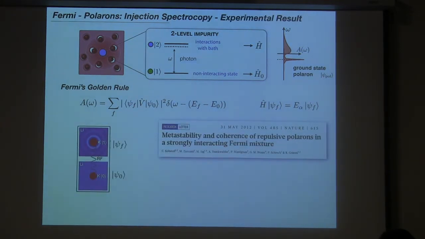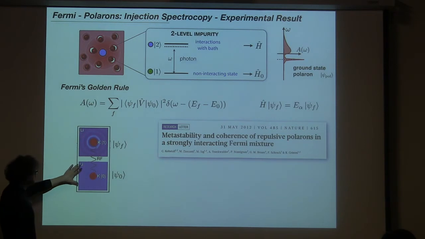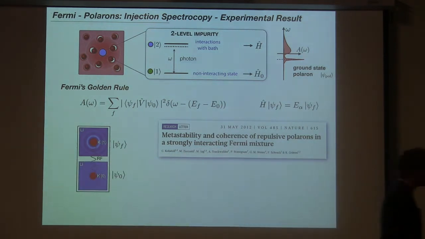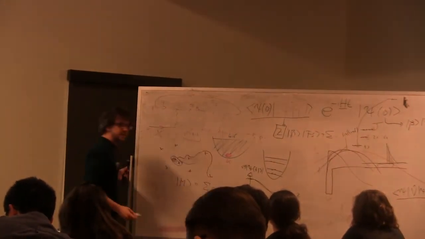Good. Now, Rudi Grimm actually performed this experiment a couple of years ago. What he did is the following. He prepared a large lithium-6 Fermi gas in a harmonic trap in which he fills a lot of lithium-6 fermions, and then he uses a state-selective potential, a second potential, to trap in the center of the trap a very small fraction of potassium atoms.